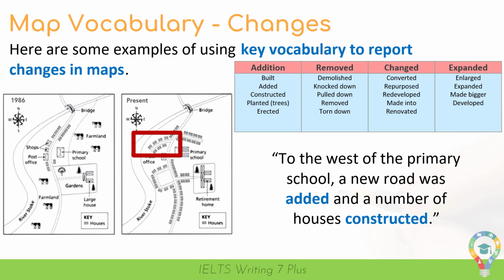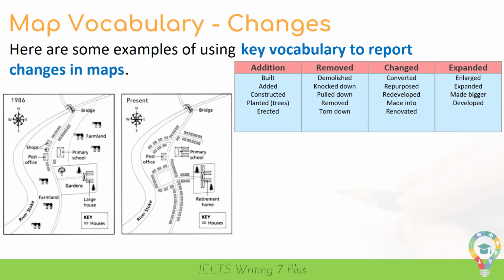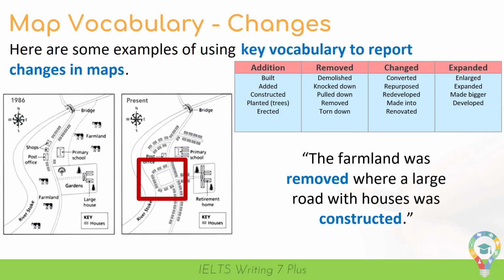Okay, let's take a look at another example. And we're going to focus on this section of the map, which in 1986 appears to be farmland. Present day, we've added more houses and a road. So let's take a look at the example sentence here. The farmland was removed, where a large road with houses was constructed. Okay, so just a few examples of using this really important vocabulary here.